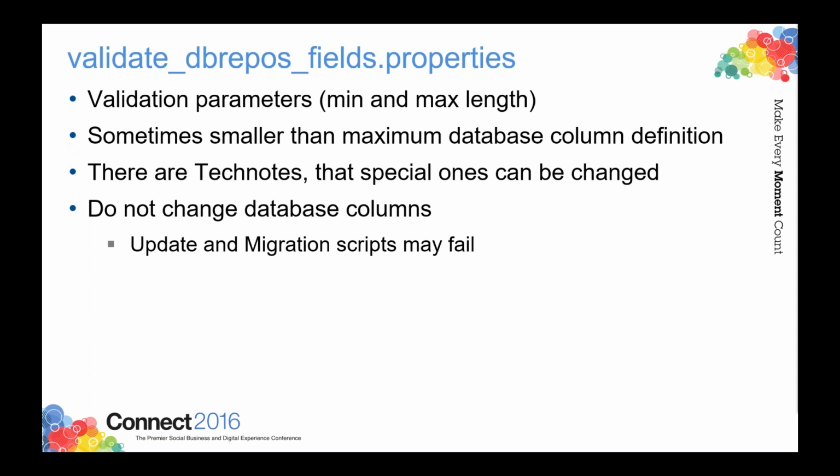There are some tech notes that special ones can be changed. I would be very careful changing things within the validate property file, and I never would change a database column definition, because on the next update or the next migration it can happen that my database can't be migrated when the columns are too long.